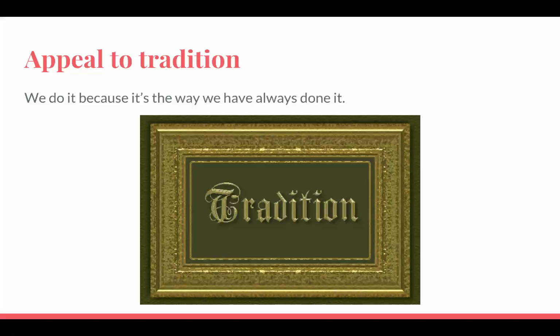If we want to make a new control scheme for our controller, for our game, starting with, well, how have others done it, is a perfectly valid way to start. But you don't say, this is the way other games have done it, so this is the way we must do it, right? Because if we got stuck in that kind of logic, the most successful games came out on 8-bit processors, so we should be doing 8-bit processor games. That's the way we've always done it, right? So, obviously we move along from that.